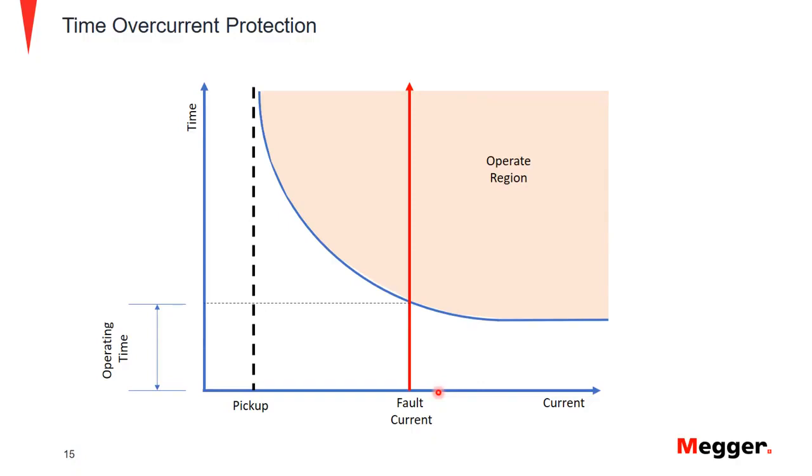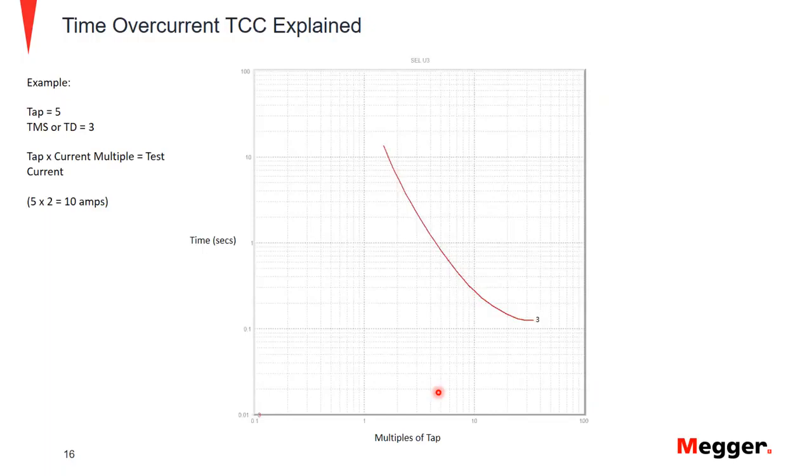Okay, so here's a good example. Let's say for this instance we're going to use a tap of 5 amps, and also a time dial of 3, or a time multiple setting. What we're going to end up doing is take this tap value here and multiply it by the current multiple.